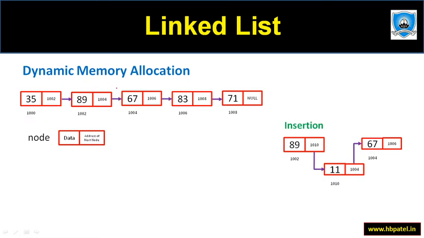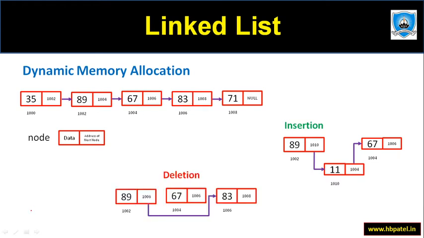Rather than 89 pointing to this, we make 89 point to 11 by putting the address of this particular node over here, and the address of 67 will be put over here, and that's done. So this is how you can simply insert any element in the linked list without affecting the entire linked list. If there are 100,000 nodes in the linked list, you are not going to touch any of them except those two nodes in between which you wish to insert the element.